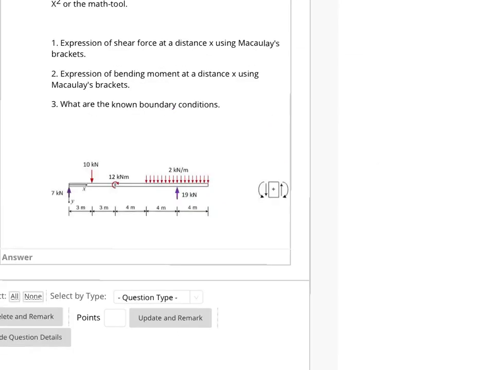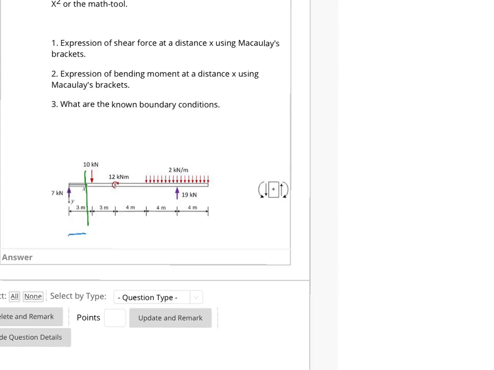Okay, now let's approach this problem in a step-by-step manner. First, we will try to find the expression of shear force, and we will take into account the sign convention that is shown on the right hand side over here. So we'll take a section from the left hand side at a distance x over here. Let's say we take a section over here.